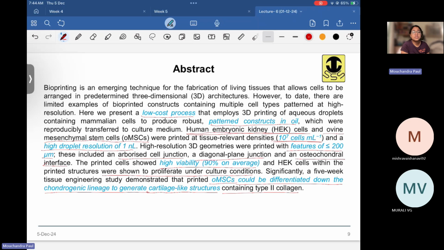And they proved that these chondrocytes were showing the specific biomarker, as well as secreting collagen type 2. Okay, so to show the power of their technique, they did this in situ: after printing the mesenchymal stem cells, they caused differentiation of the cells.